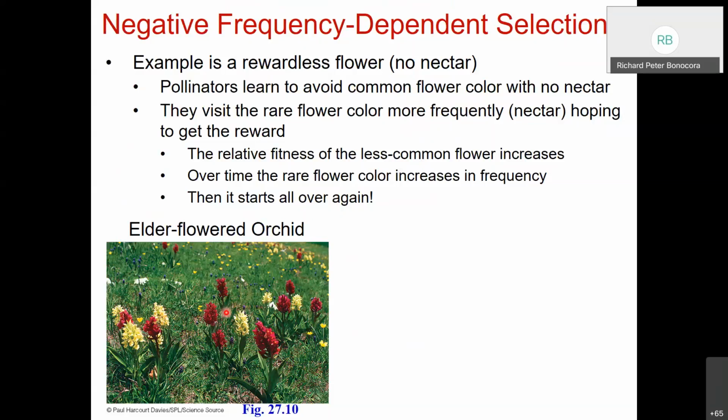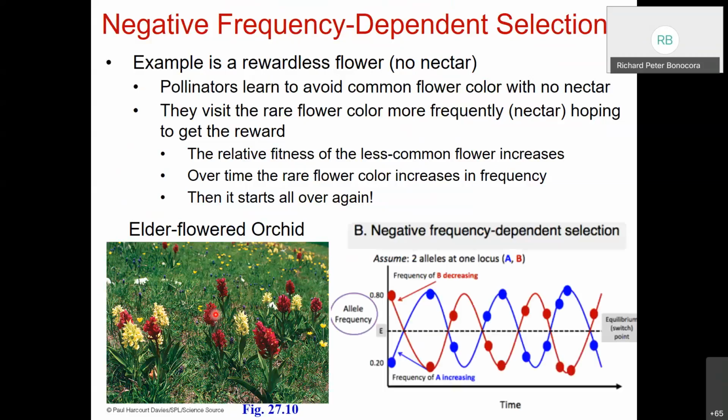They're going to avoid pollinating, in the case that I mentioned, the yellow flowers. They're more likely to pollinate the red flowers. So the red flowers are going to increase in number over time, and then they're going to become common. Then the pollinators are going to avoid those and go looking for the next one. So it just starts all over. It's cyclical: there's a lot of one type of flower, and that's going to decrease because the pollinators are learning these have no nectar in them.